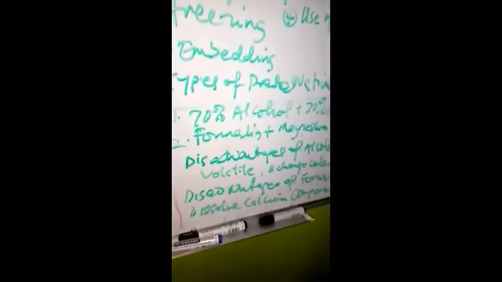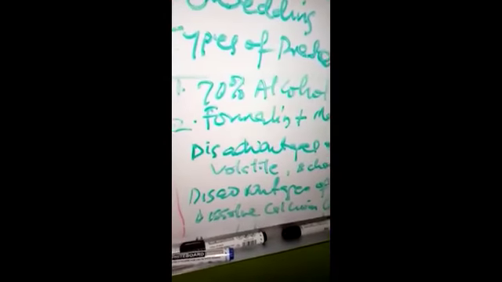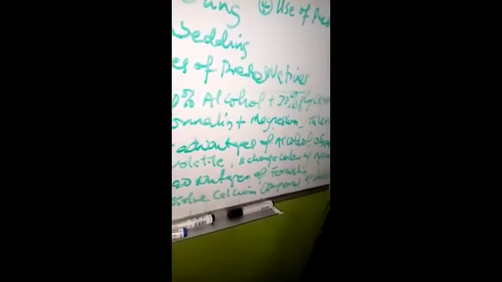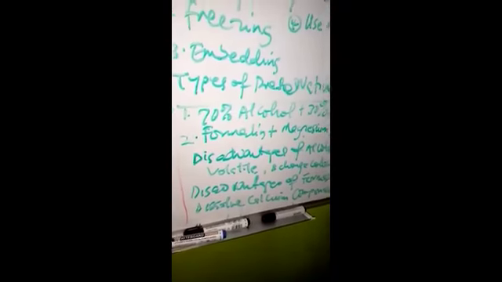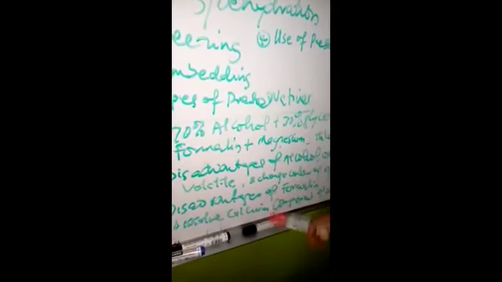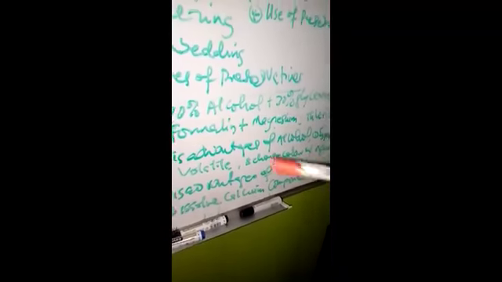Let us look at the disadvantages of using alcohol to preserve insects. 1, alcohol is expensive. 2, alcohol is volatile, that means it vaporizes easily. 3, alcohol can change the color of the organism. These are the 3 disadvantages when you use alcohol. What is the disadvantage when you use formalin?